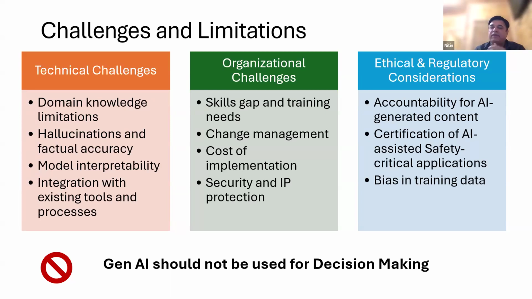Skill gap and training needs: having folks understand AI, large language models, what to train versus what not to train on the model, and how to make sure that if they're trusting Gen AI outputs, they are not infringing on the IP or patents of other companies' sensitive data.